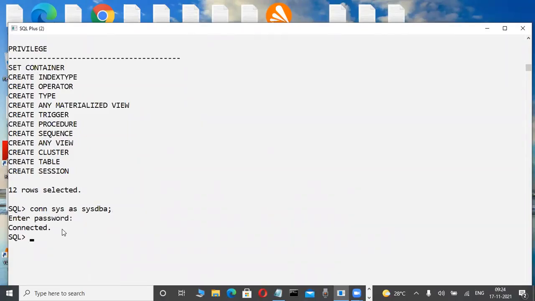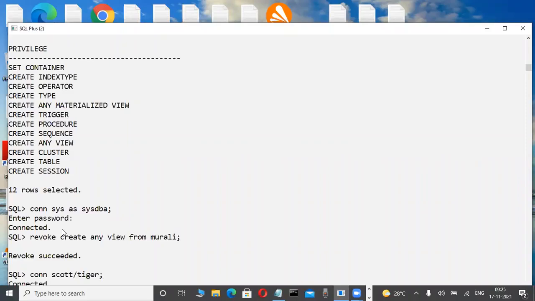Revoke create any view from Morally. I am revoking all these things, don't worry.